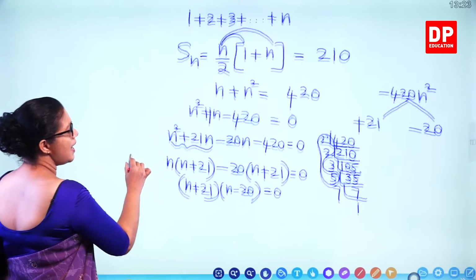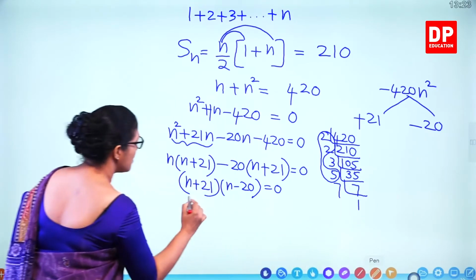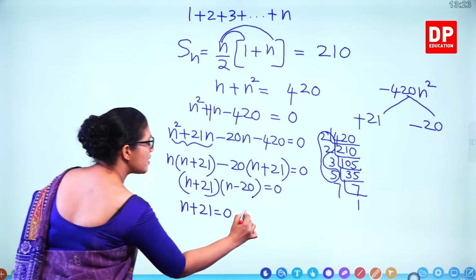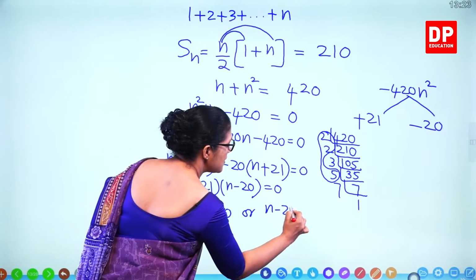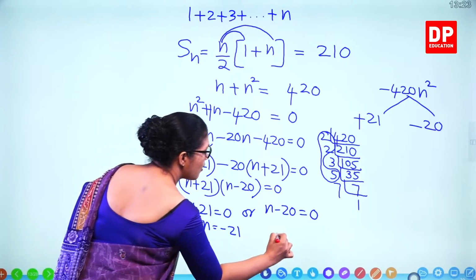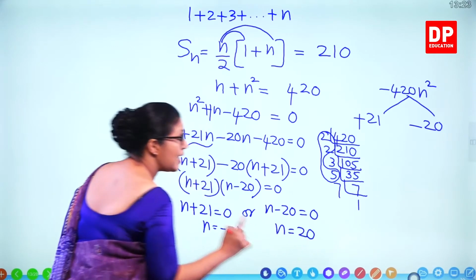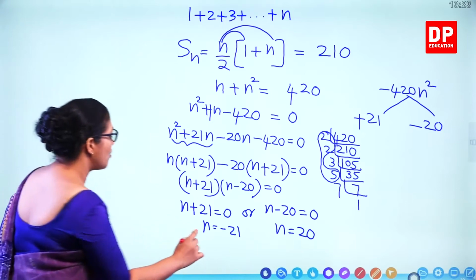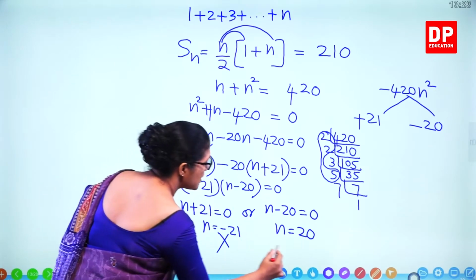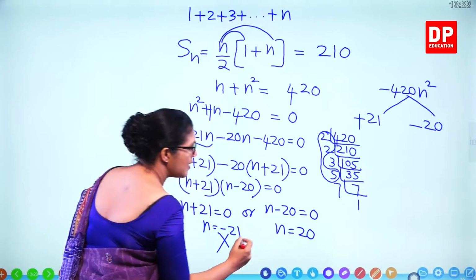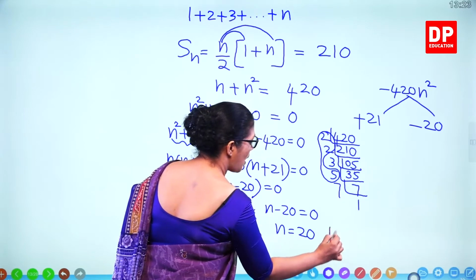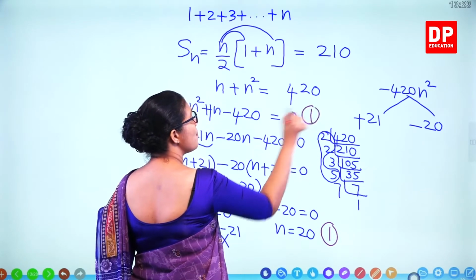That means n can be either n plus 21 equal to 0 or n minus 20 equal to 0. So n can be either minus 21 or plus 20. n is a term number. You cannot get a negative answer. So n equals 20. So this is the answer. So you get 2 marks, 1 mark here and 1 mark for the method.